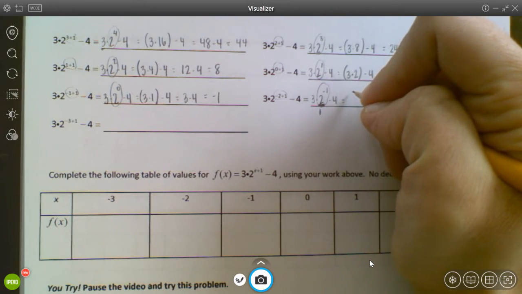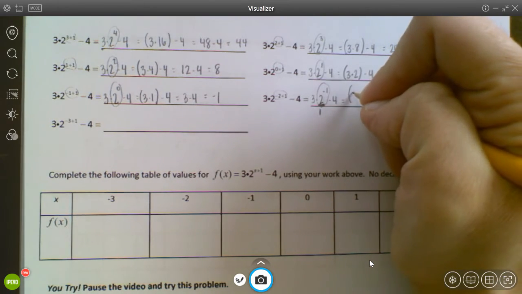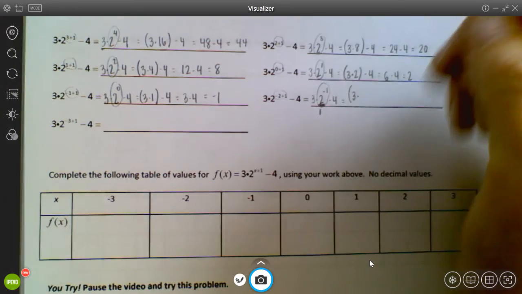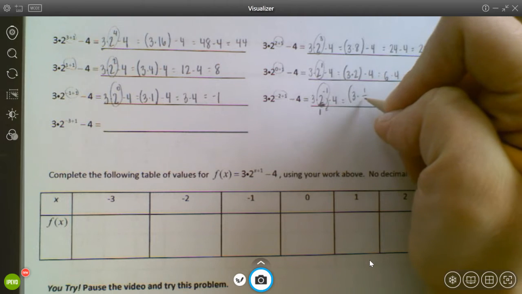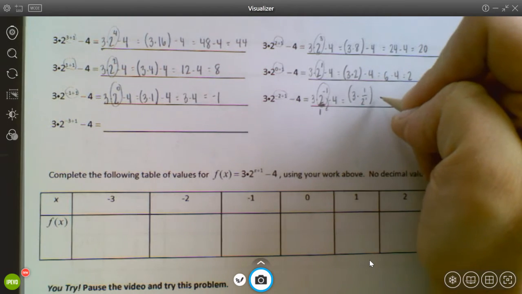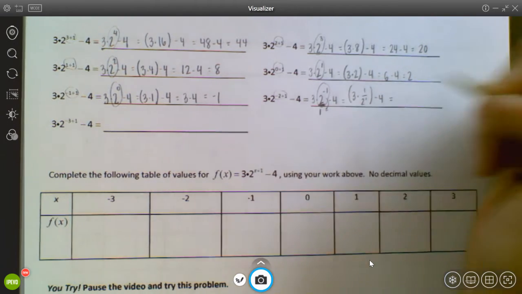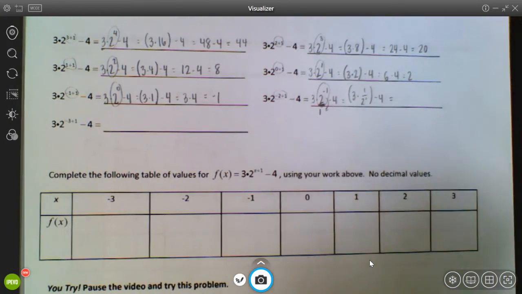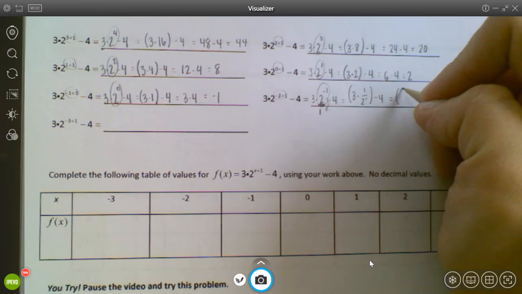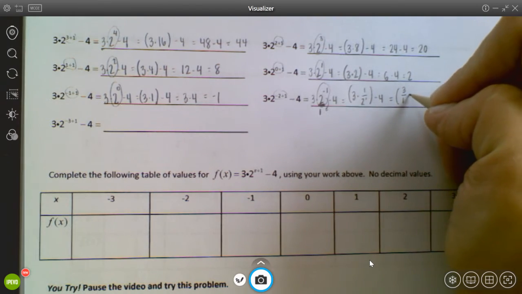So I'm going to open up my set of parentheses here. So I'm going to still keep this as 3 times. But when I move this down, that's going to become 1 over 2 to the positive 1 power, minus 4. And just be careful of your fraction work here. Since I want to do the stuff on the inside of my set of parentheses, I'm going to put that 3 over 1.